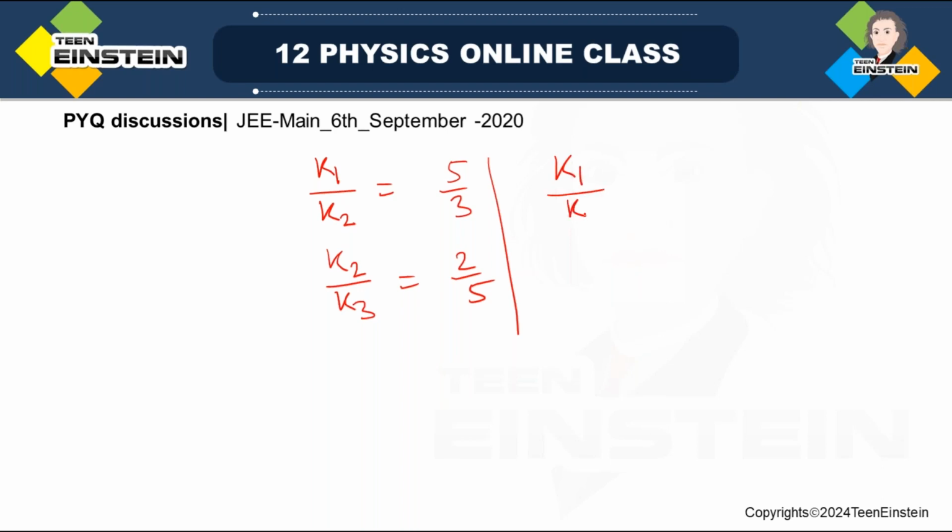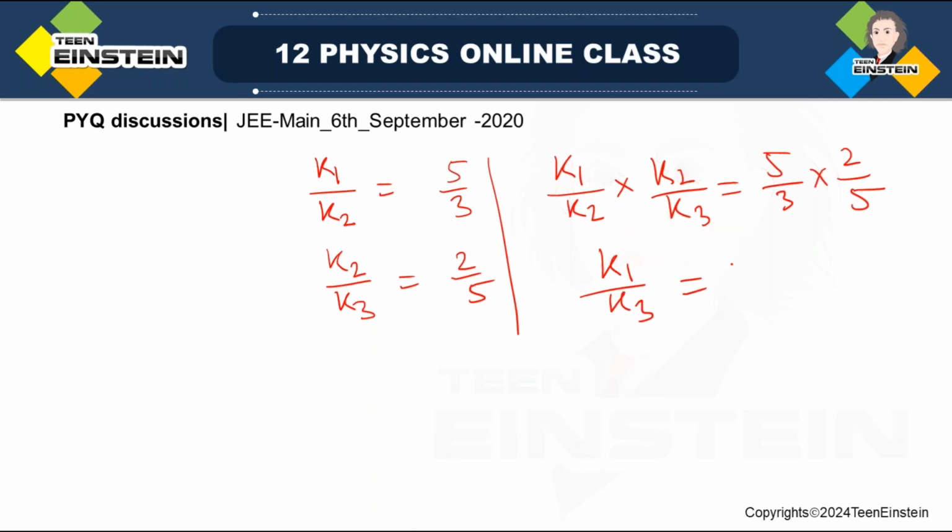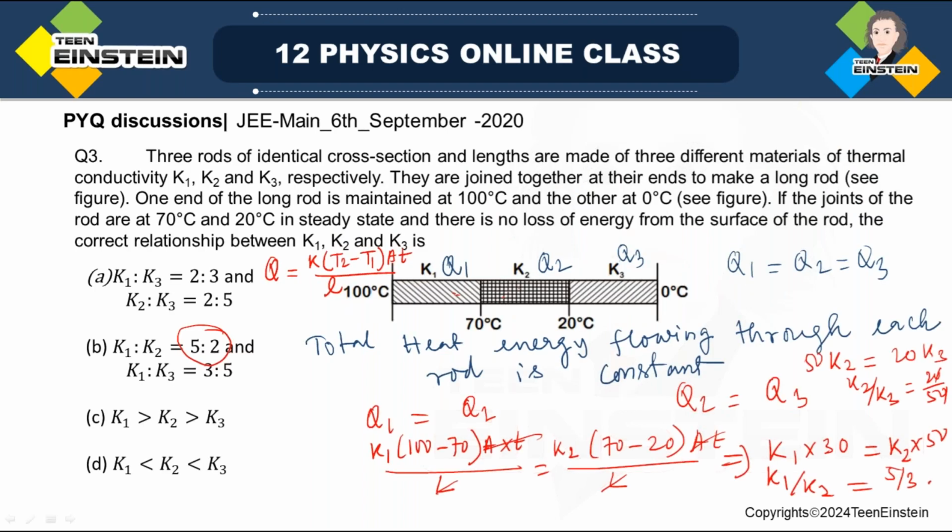So K1 by K2 I'll write like this, K2 by K3. Let me multiply this, then 2 by 5. Okay, so here I'll get K1 by K3 is equal to 2 by 3. I don't know whether it is matching.